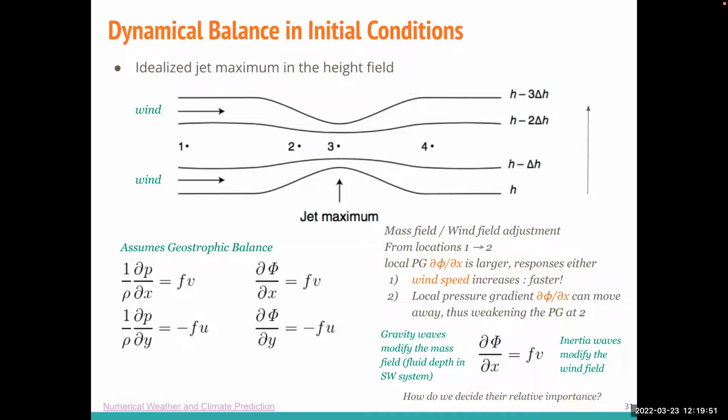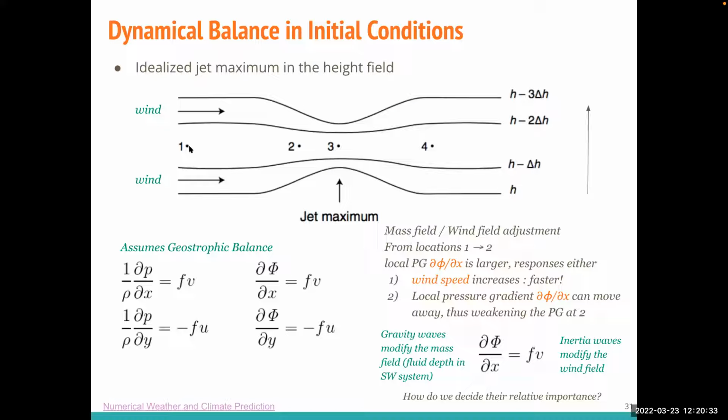So this graph is showing you the dynamical balance in the initial condition. There's a jet here, wind flowing from the left-hand side to the right-hand side, and there is a jet maximum. If this is a jet, then it should give you a very high velocity of wind. You have a jet maximum, and then some height levels here, and assume we have geostrophic balance.